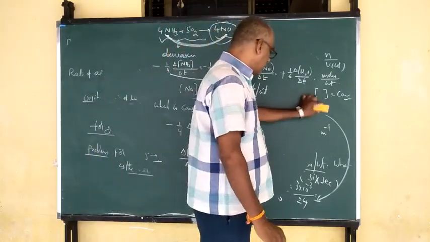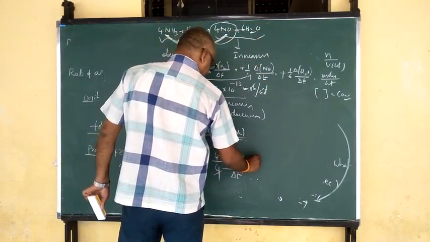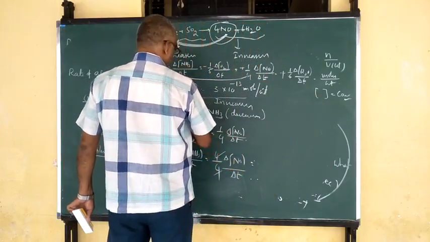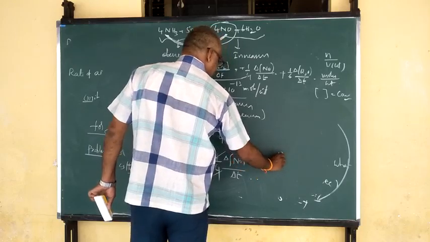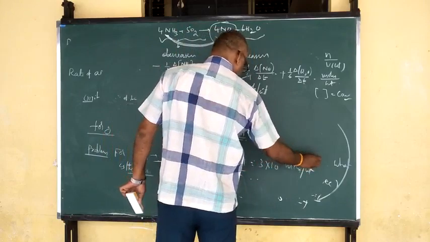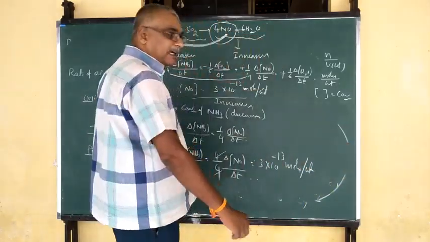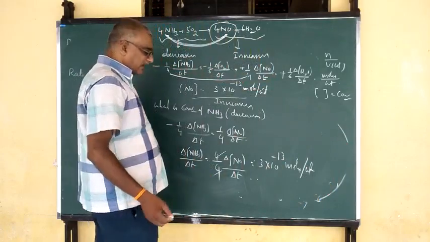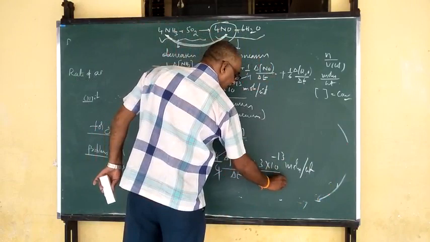Next, the 4 cancels. What is the concentration of NO? Here 3 into 10 power minus 3 moles per liter. Suppose in the same problem the time is taken as 12 minutes, given. So divided by 12 minutes.